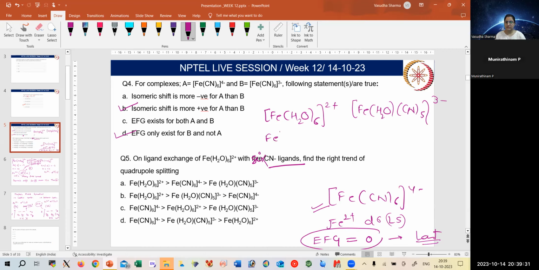Iron in 2+, that is high spin, d6 high spin, that is having electric field gradient, lattice contribution also, valence contribution also. So this would be the one which is going to have the maximum quadrupole splitting, and this should be the second in number because here it is having lattice contribution due to different ligands.